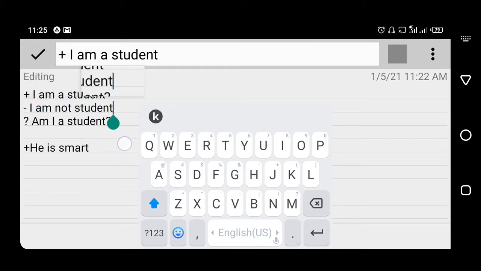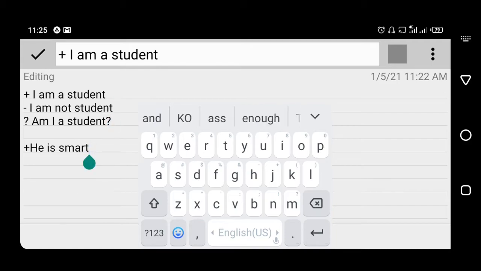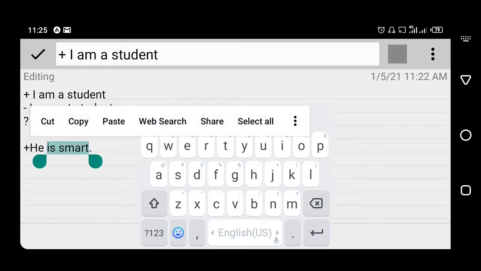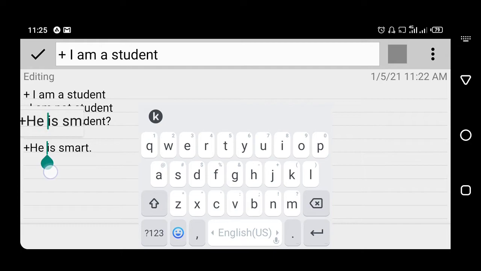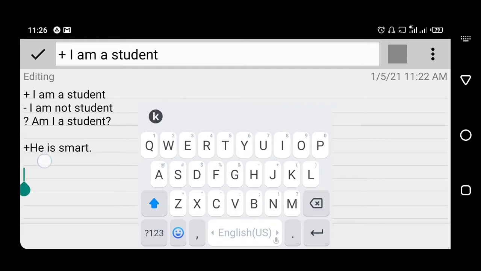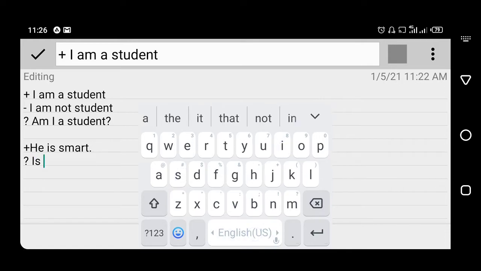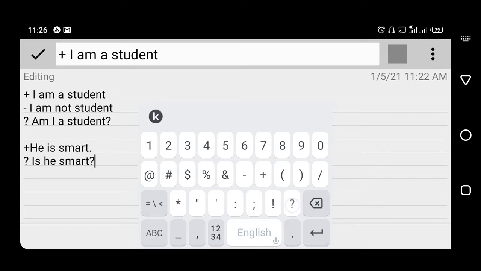Am I a student? And then another example is this. He is smart. Ya. Jadi kita ambil be-nya yang ada di sini. Is. Take this. And then is he smart? And then add a question mark.